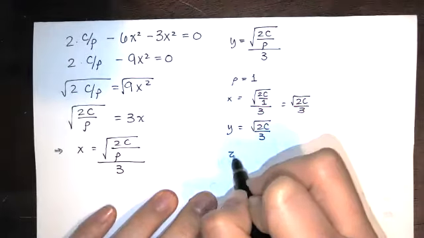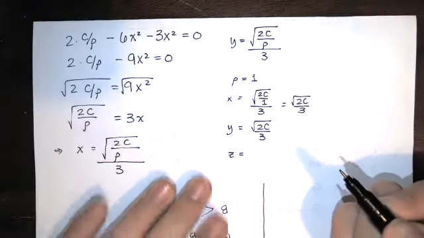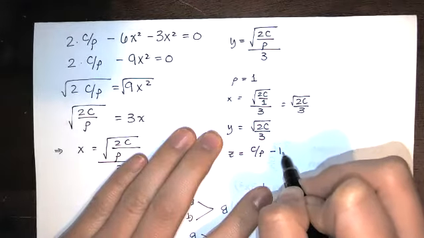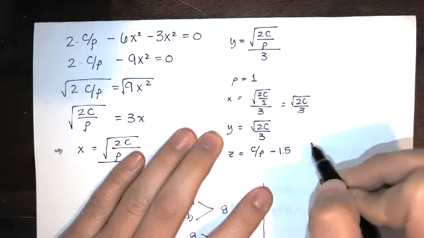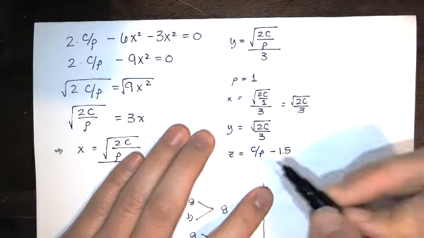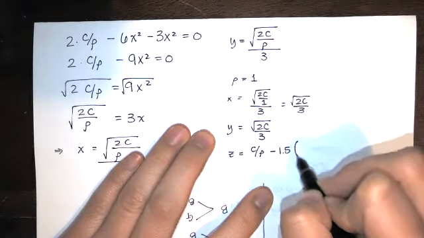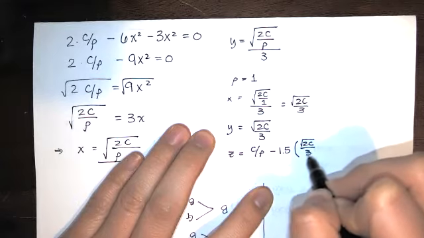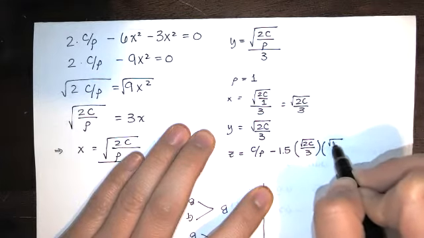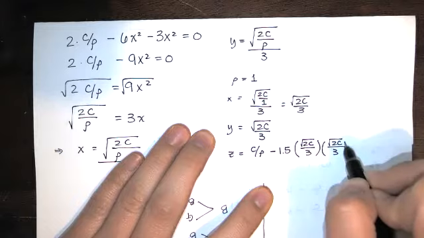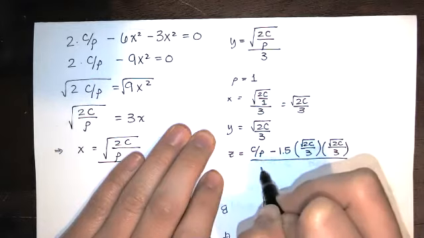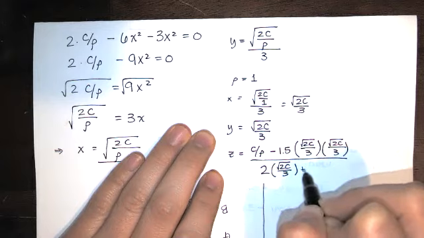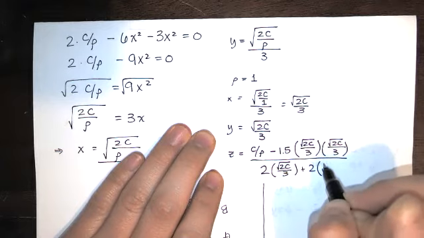And then the z value was given by this function. It was c over rho minus 1.5 times x times y. And x was this value, and y was this value. And then we're dividing by 2 times x plus 2 times y.